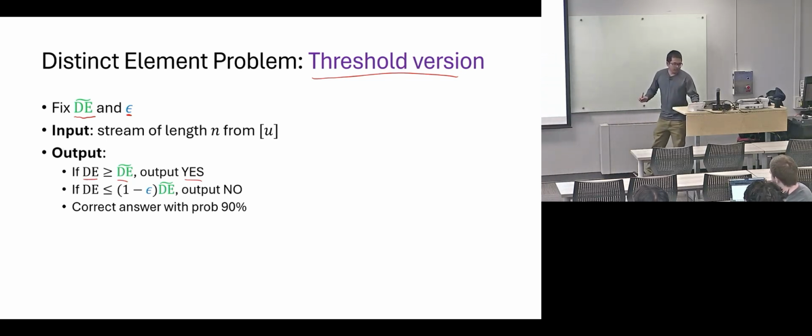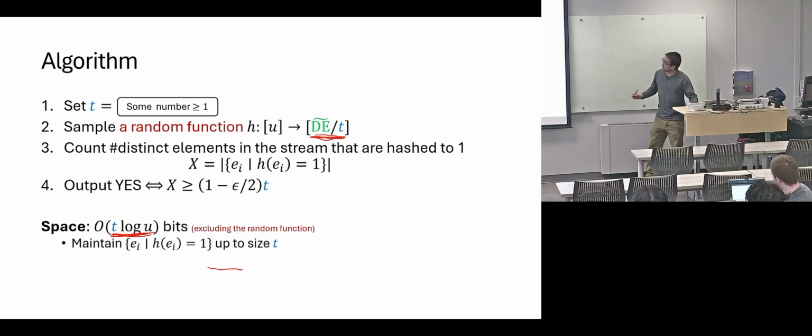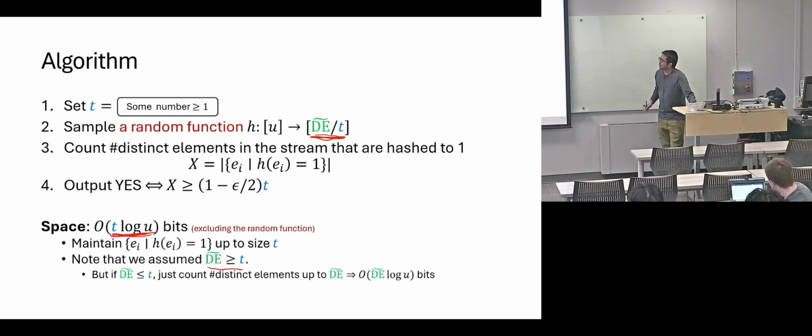And t is some number in the algorithm that right now we are free to set so that we can solve the problem. Right now we see that if t is big, then the space is big.